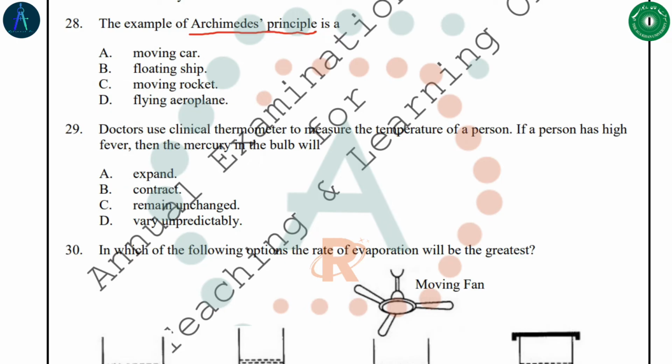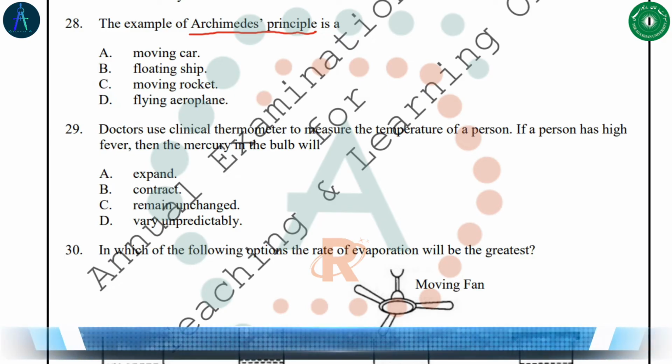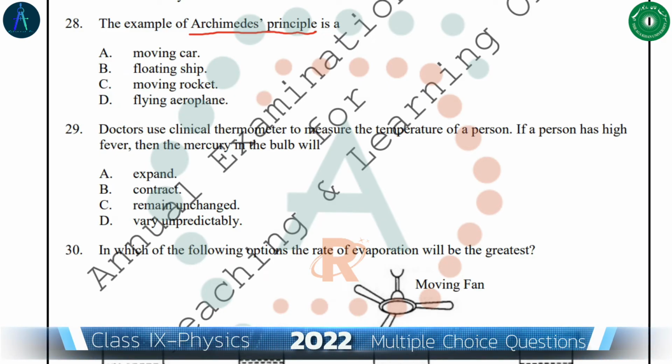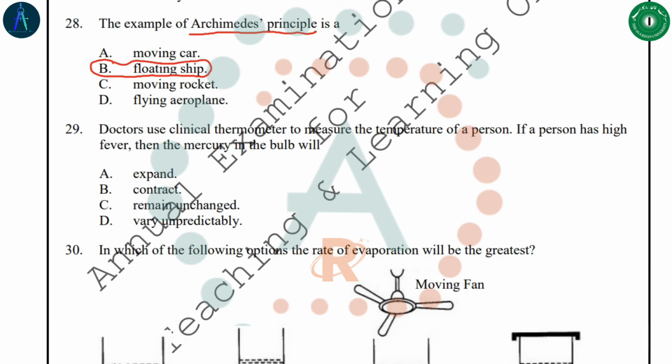The weight of that amount of water will apply an upward upthrust force on that object. So, the application of this Archimedes' principle is a floating ship that displaces the water in the sea, and the upthrust force acts on that ship to make it float.